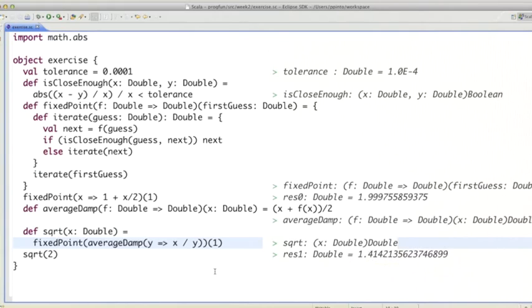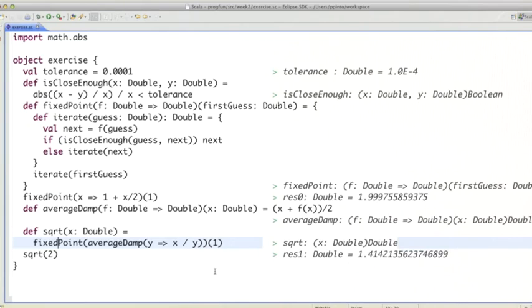So what average damp is, it's a function that takes a function, namely this function that is at the root of the square root specification, and it returns another function, namely the function that is essentially the same iteration, but with average damping applied. So it's a function that takes a function to another function.